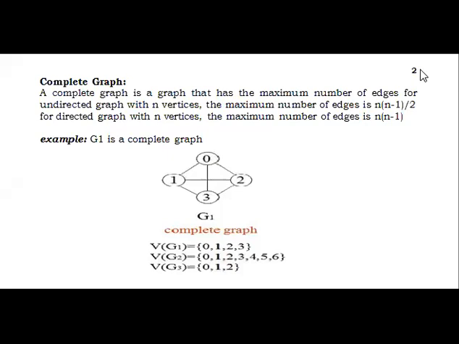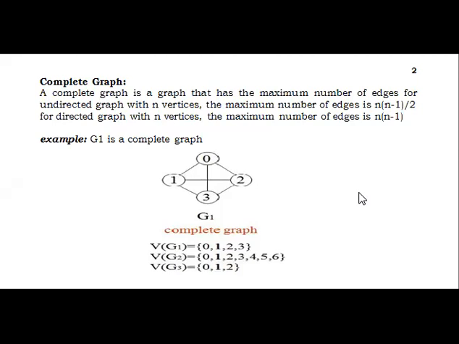The next one is the complete graph. For a complete graph, the maximum number of edges for an undirected graph with n vertices is calculated as n into n minus 1 divided by 2. For a directed graph with n vertices, the maximum number of edges is n into n minus 1.